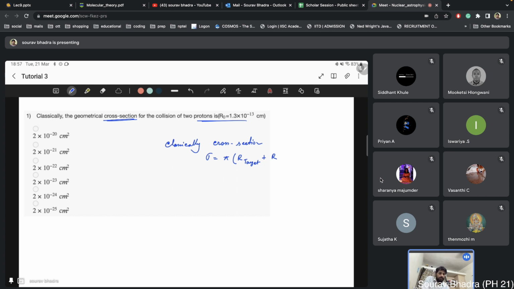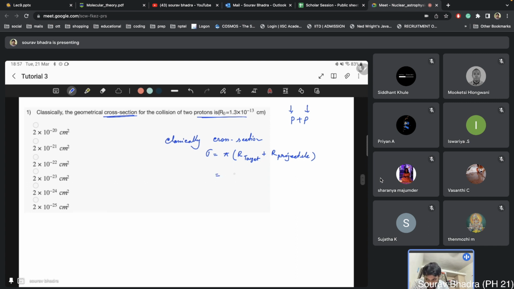In proton collision, you can think of one proton as the projectile and another proton as the target. So in our case it will be sigma equals pi (rp plus rp) whole square.